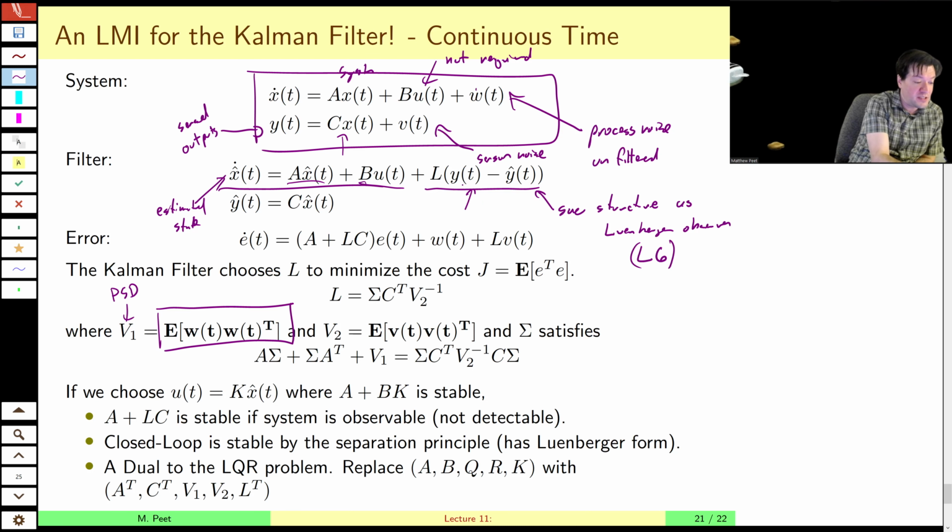So this is our power spectral density, the variance of our process noise. And now we also have a measurement of the power spectral density of our sensor noise. Right. So we've measured both of those things, right?